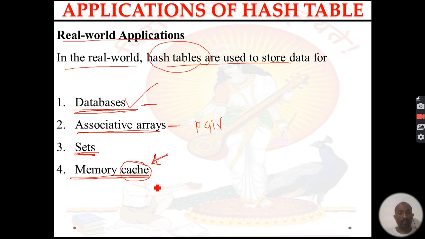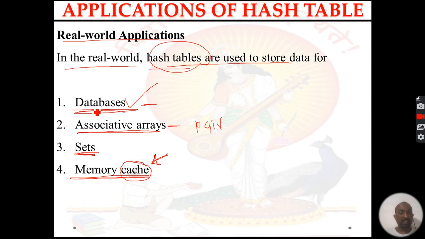So in such a case we use the hash table for memory cache, meaning where you want to store data, you require a hash table. Where you want to store two values which are interrelated, that means an associative array, and then we need a hash table.